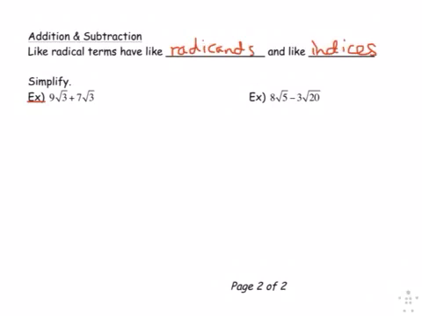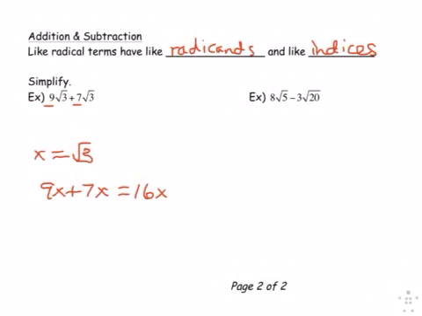Looking at the first example, we already have like indices and like radicands, so we just operate on coefficients. Much as if x equals the square root of 3, we could treat this problem like 9x plus 7x, which is equal to 9 plus 7, or 16 copies of x are present.